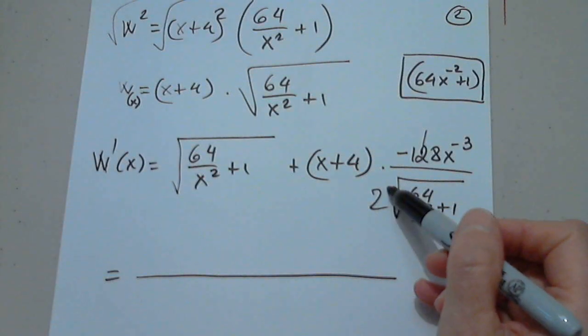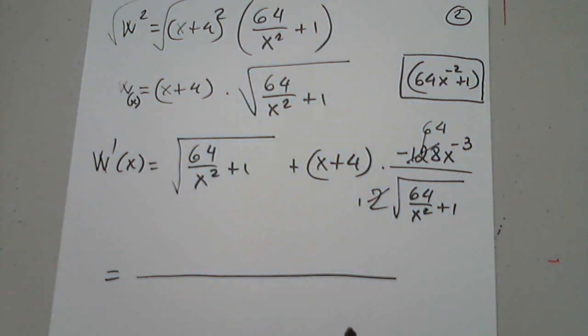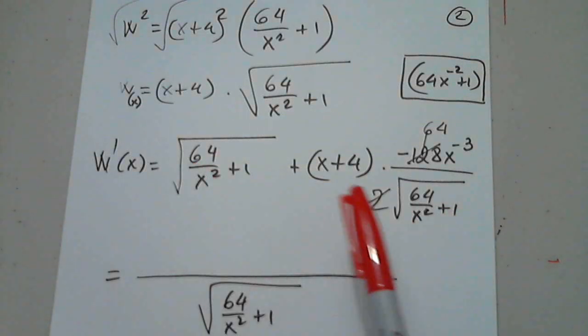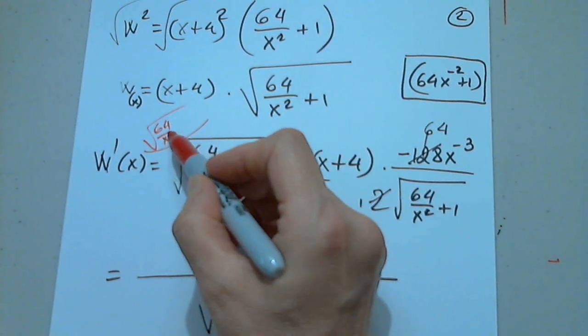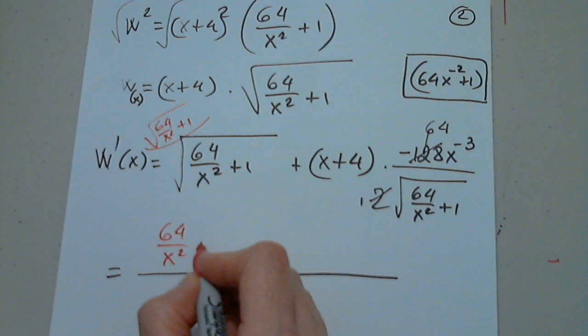I will simplify the 2 and get here 64. I will find the least common denominator to be the square root of 64 over x squared plus 1. I need to multiply these two because this one needs a square root of 64 over x squared plus 1. So then I have 64 over x squared plus 1.